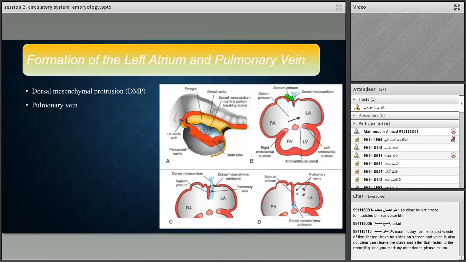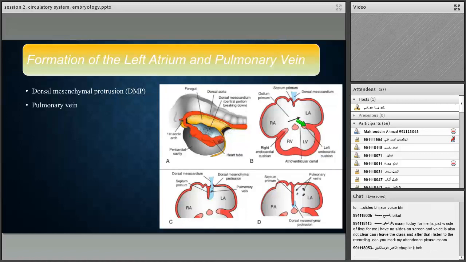At the time when septum primum is growing toward the endocardial cushions, we can see that this proliferating mesenchyme is forming the dorsal mesenchymal protrusion, or DMP.